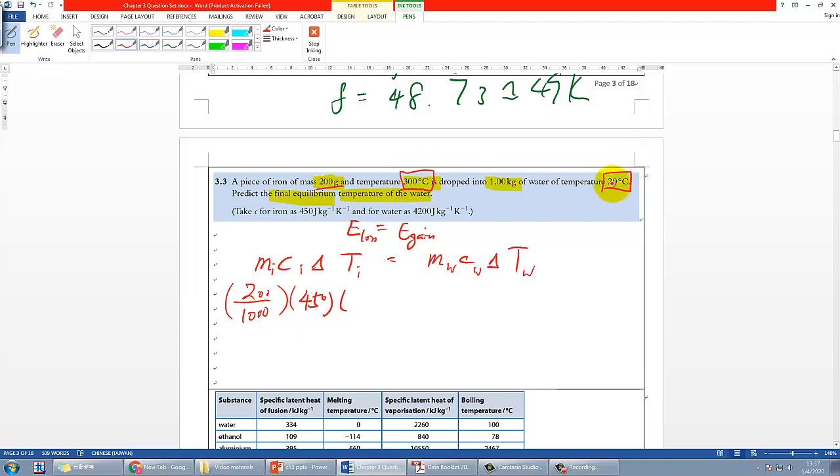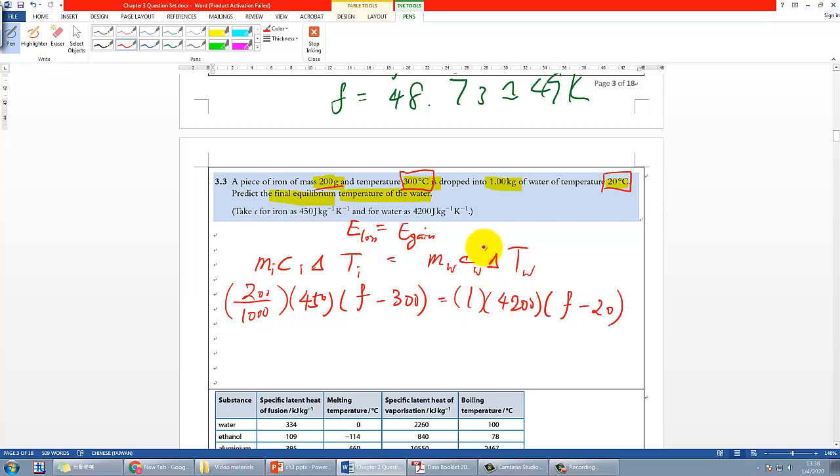When you mix them, the temperature logically must be between these two, so between 300 and 20. So you just do final minus initial. On the other side, the water is 1 kg, then 4200, and again final temperature minus initial.